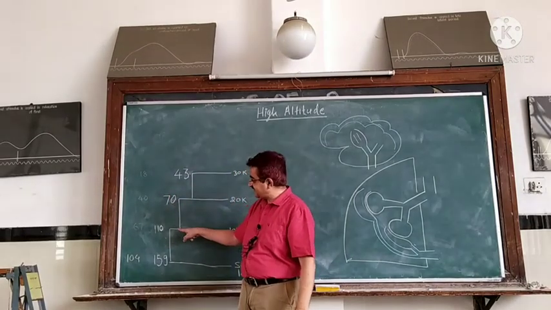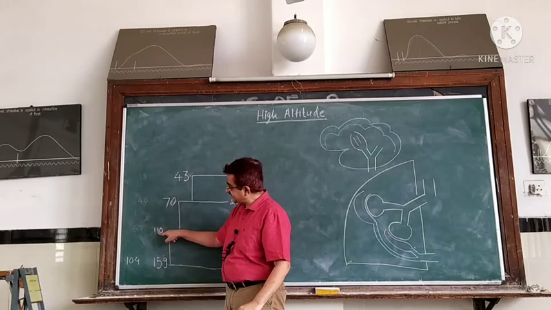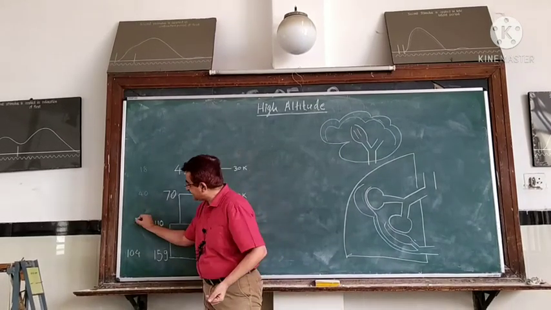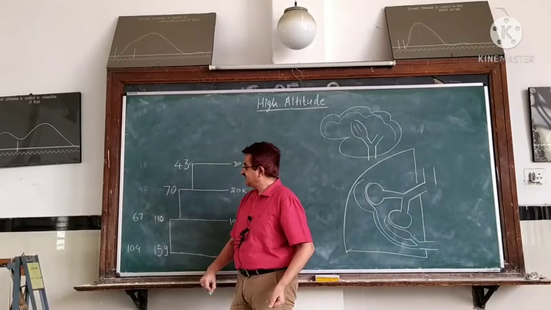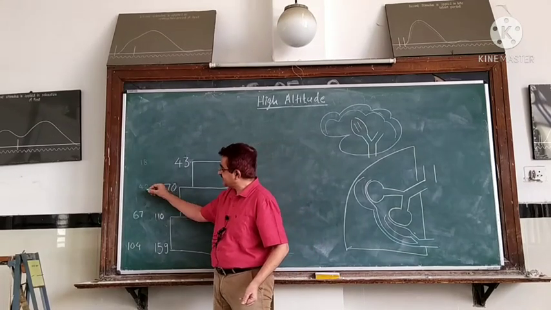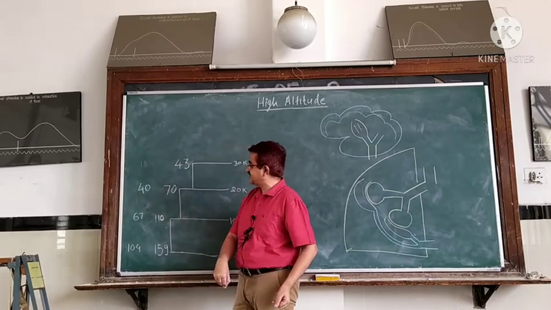At the altitude of 10,000 feet, though the partial pressure of O2 in the air is 110 millimeter of mercury, the alveolar PO2 is only 67 millimeter of mercury. At 20,000 feet, the partial pressure of O2 is 70, but the alveolar partial pressure of O2 is 40 millimeter of mercury.